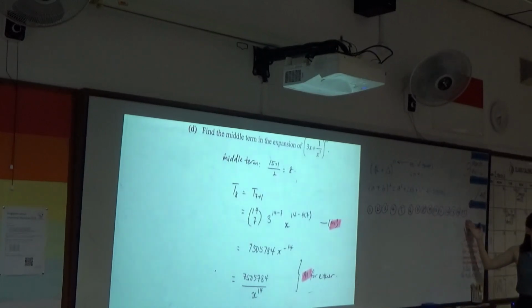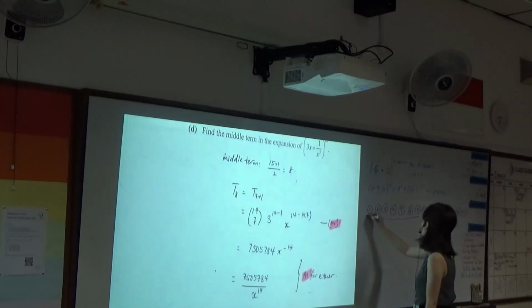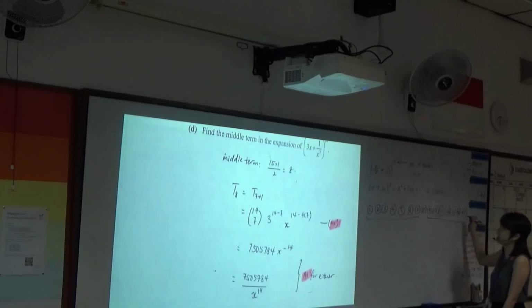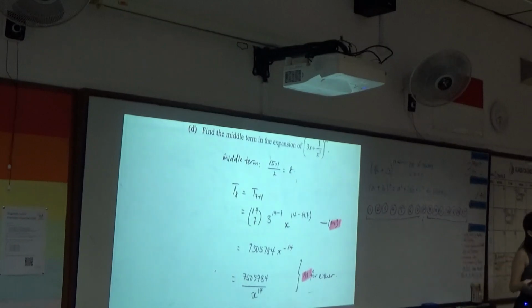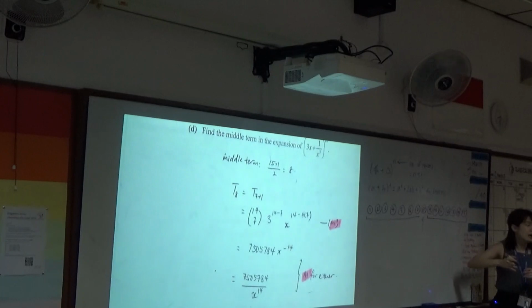If you happily take 15 divided by 2, we know that it will be 7.5. That means 7 on one side, 7 on the other side. The middle one will have to be 8.